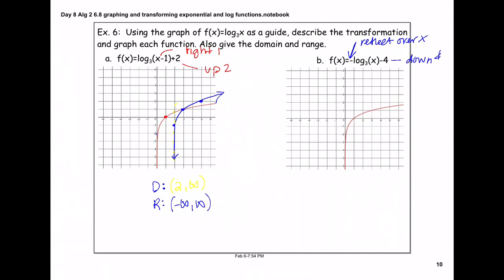So if we reflected this over our x-axis, our graph would look something like this. And then if we move that down 4, you can just transfer those points.